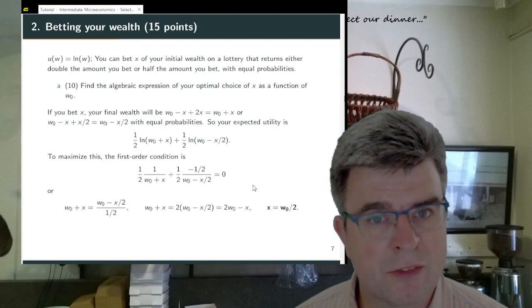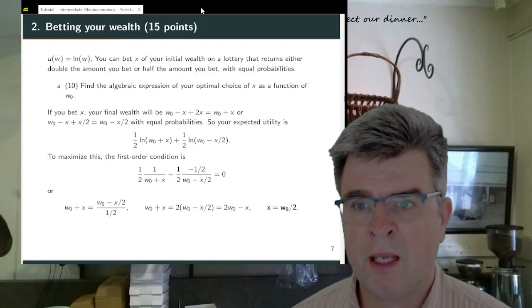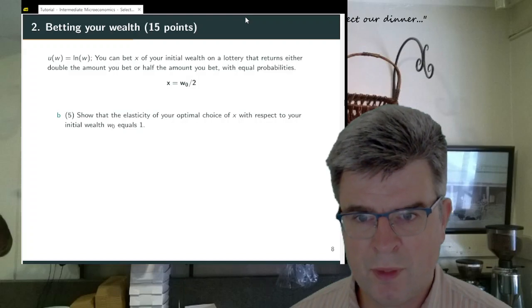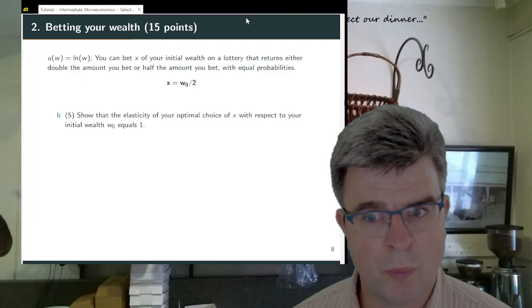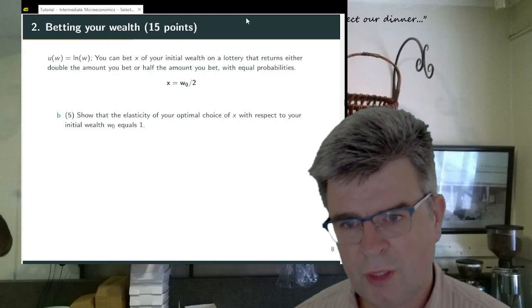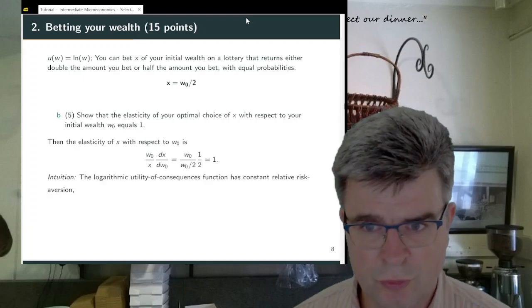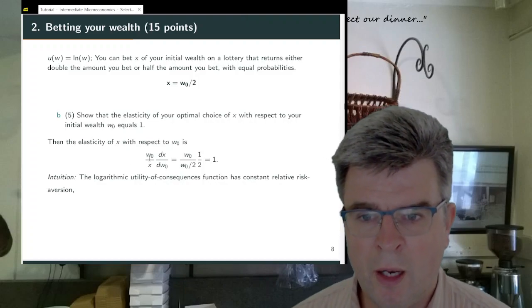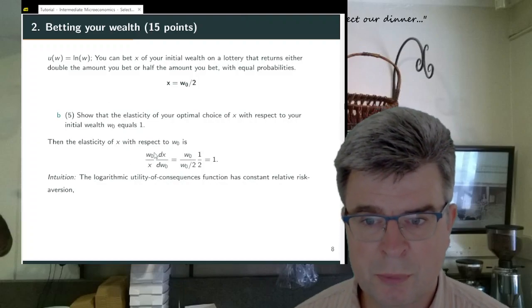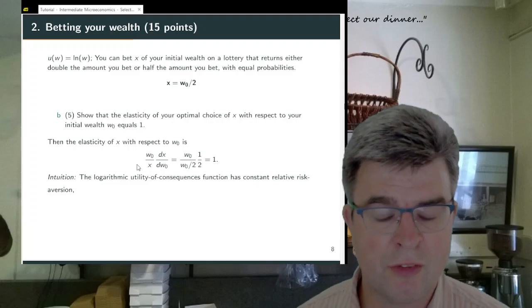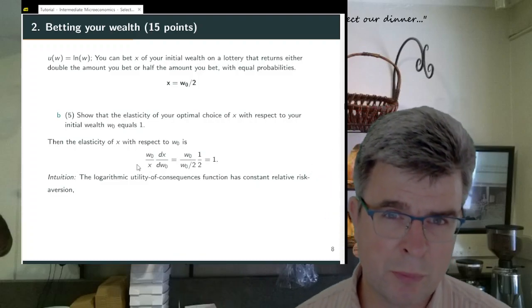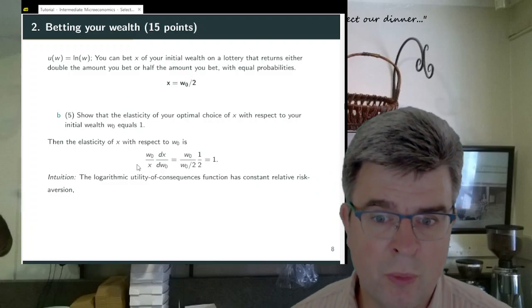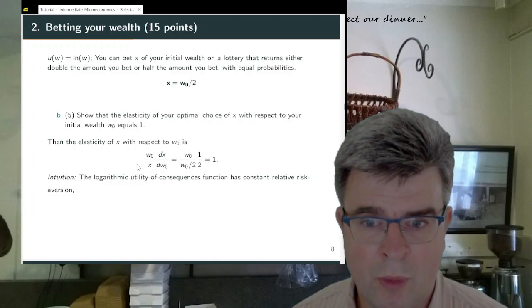And that completes exercise A. Then exercise B. Show that the elasticity of our optimal choice of X with respect to initial wealth is equal to 1. So we just take the definition of such an elasticity, which is identical to this expression. So it's the percentage change in the optimal choice of X if our initial wealth changes by X%, and we need to show that this is equal to 1.